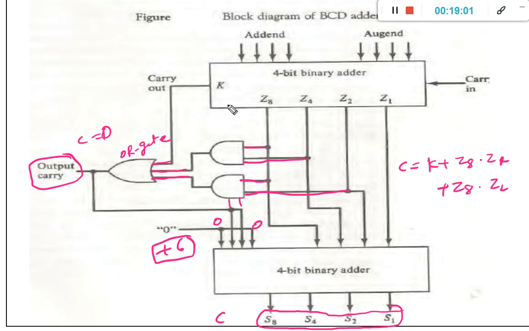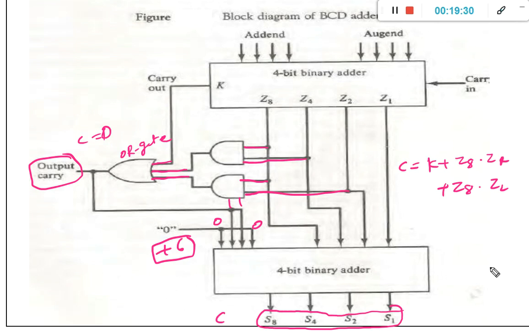So what is the input? The input is addend and augend, and we get the initial output as K, Z8, Z4, Z2, Z1, and the final output as C, S8, S4, S2, S1. Like this, we implement the BCD adder circuit, which performs addition of two digits.